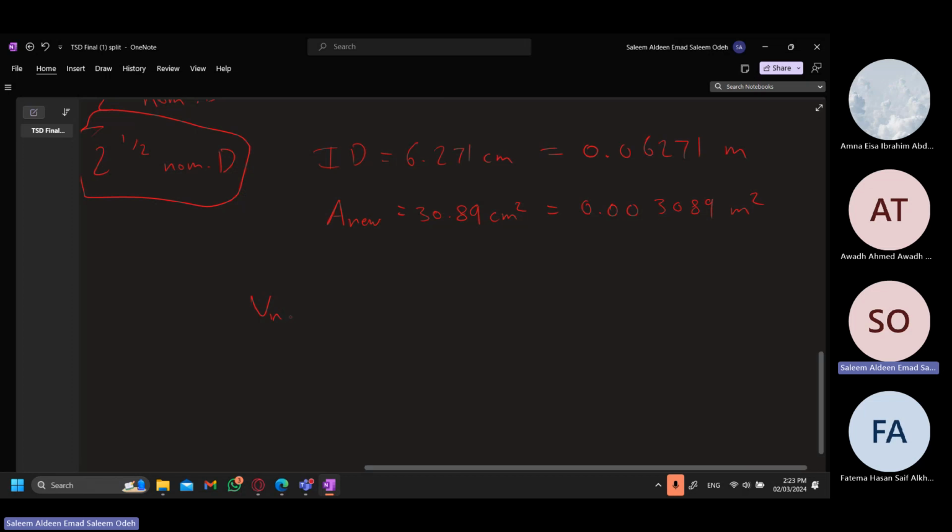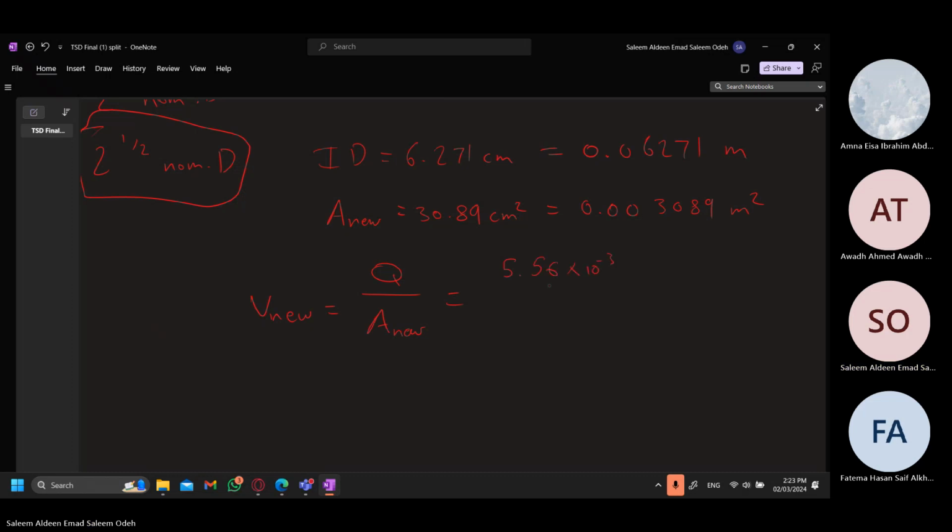Now we can calculate the new velocity with these new parameters. So V new equals Q over new area, which equals 5.56 over the new area, so our new velocity would be 1.8 meters per second.